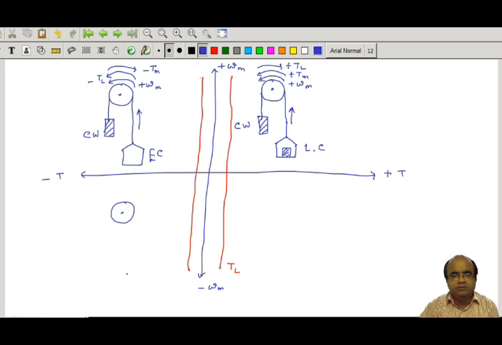Okay. Now in the third quadrant, the motor is lowering the empty cage. The action is downward. This is the counterweight. Okay.